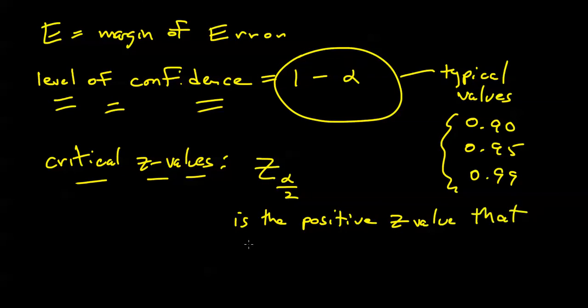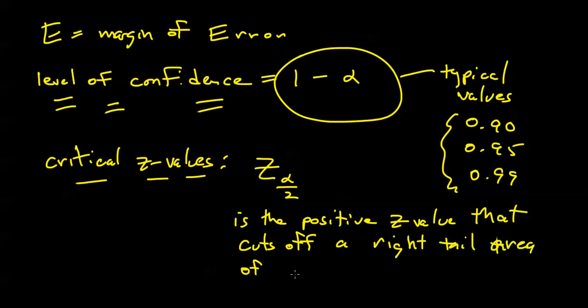Informally, it's the positive z value that cuts off a right tail area of alpha over 2 in a standard normal distribution.